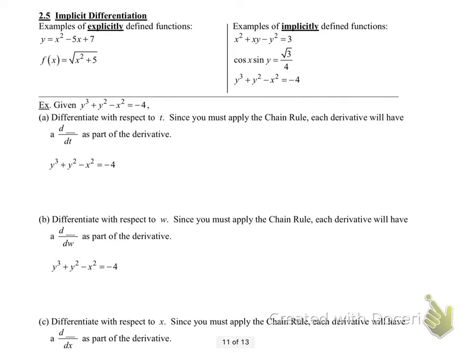Given y cubed plus y squared minus x squared equals -4, we are going to differentiate with respect to t. Since you must apply the chain rule, each derivative will have d blank over dt as part of the derivative. And what we mean by that is we will have the derivative of the variable with respect to t.